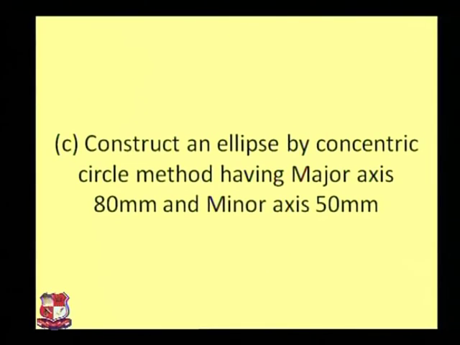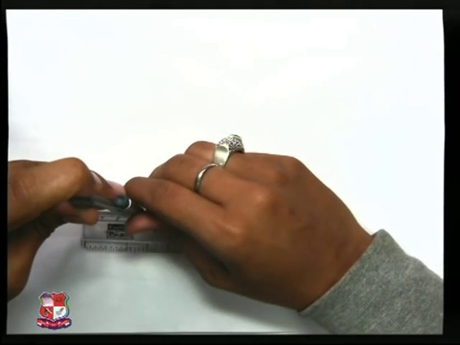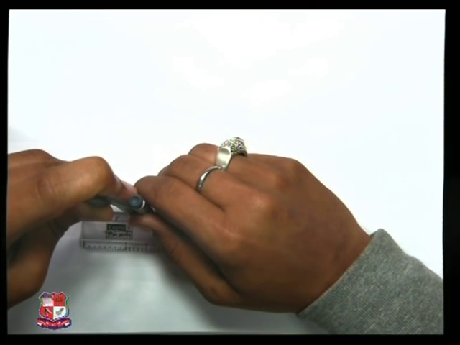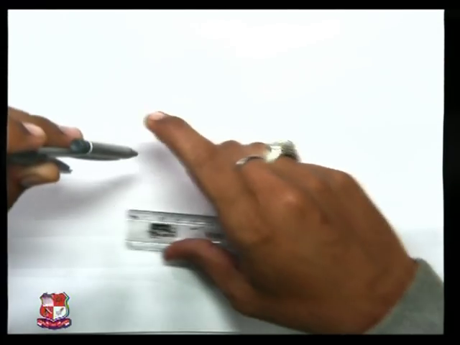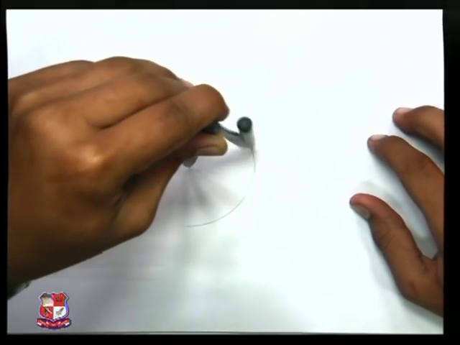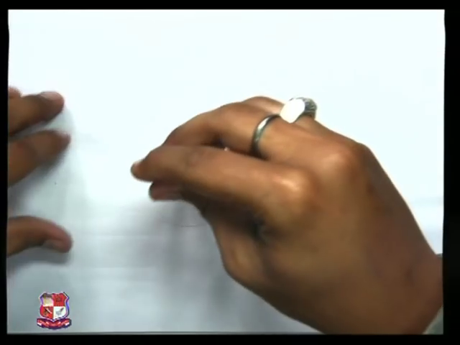So what we are going to do, we will draw an 80 mm diameter circle and a 50 mm diameter circle first of all. 80 mm diameter means 40 radius, very light.